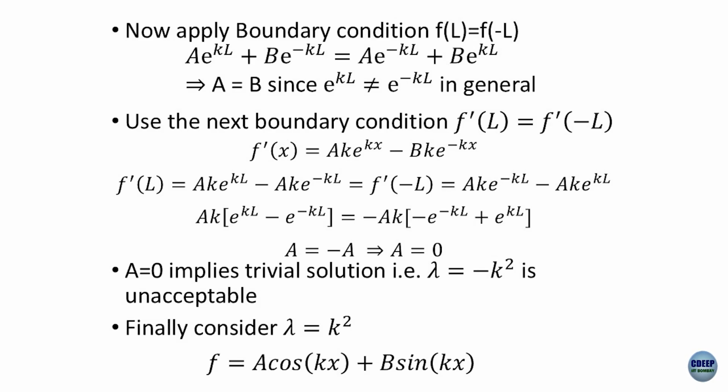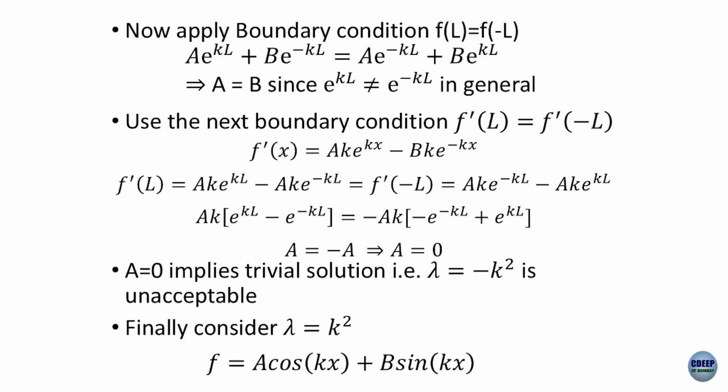Finally, we considered lambda equal to plus k square, and usually this is the case which is going to give you the eigenvalues because you are having cosines and sines, and these are periodic functions which are going to give you multiple solutions.